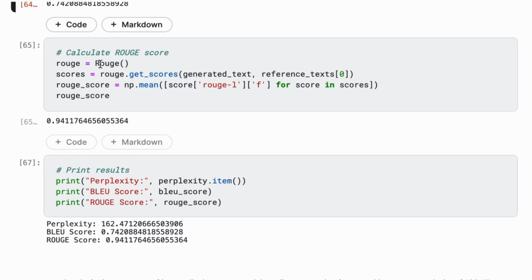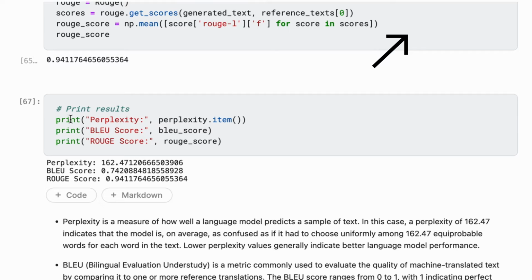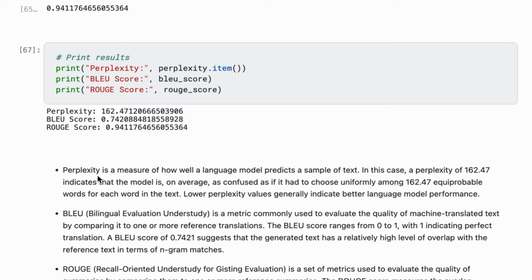The ROUGE score is also calculated on the same thing, the generated text and the reference text, and gives you the ROUGE score on various types: ROUGE-1, ROUGE-2 or ROUGE-L. You can check that out in my last video, where I evaluate the large language model using the Hugging Face Evaluate library, where I completely explain the ROUGE architecture. Then I just explain all about these three scores.